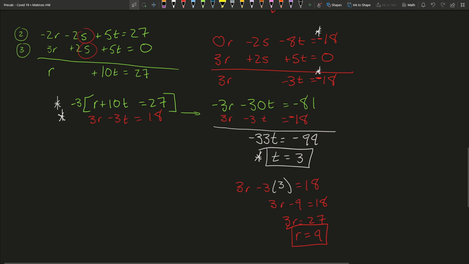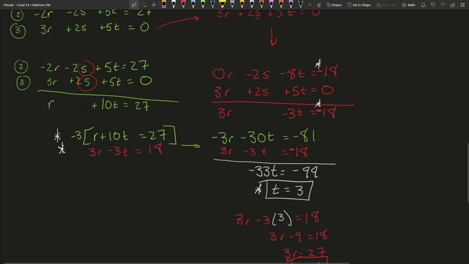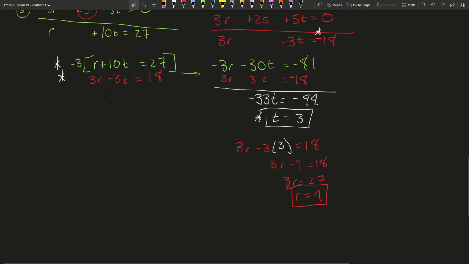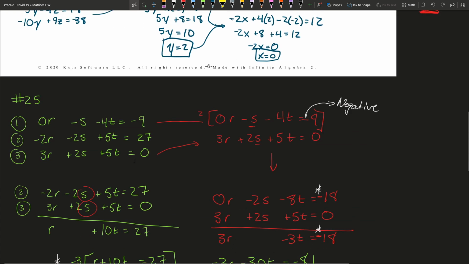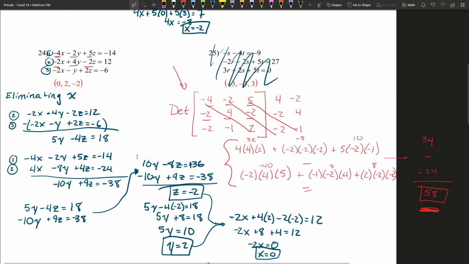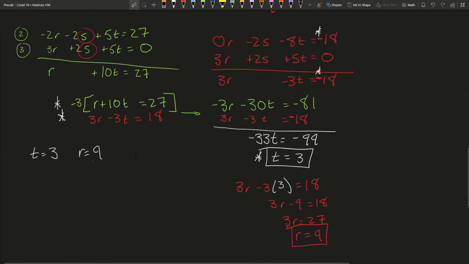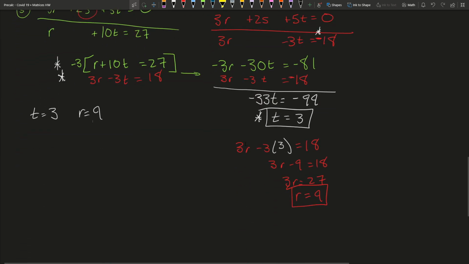All right, after we get two variables, we can plug both those variables into one of our originals. Except I think we still did something wrong here.